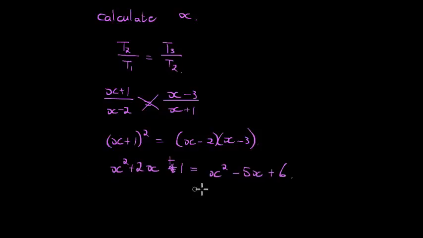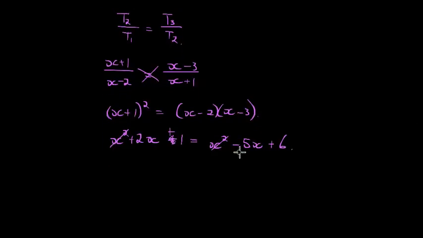Since there's an x squared on both sides, that will just cancel. So this will only have one answer, which is great. The 5x will come and add on this side. That will give me 7 x's on this side, and on the other side the plus 1 will subtract from the 6, and that will give me 5. So x will just equal 5 over 7.